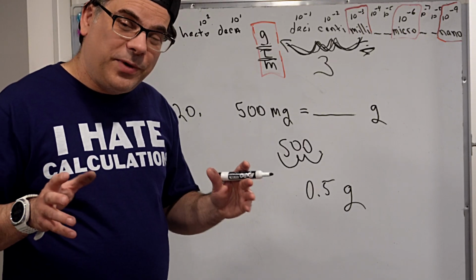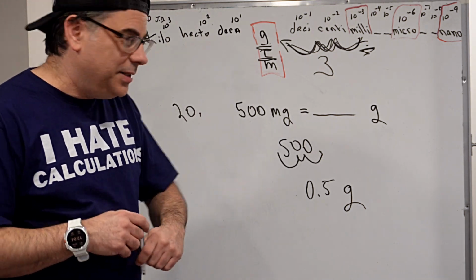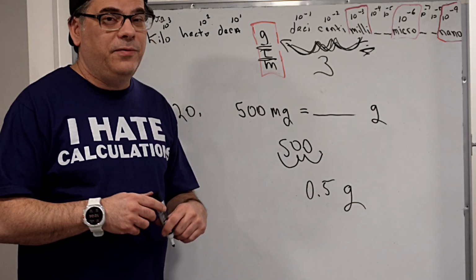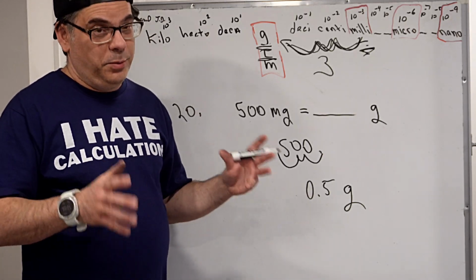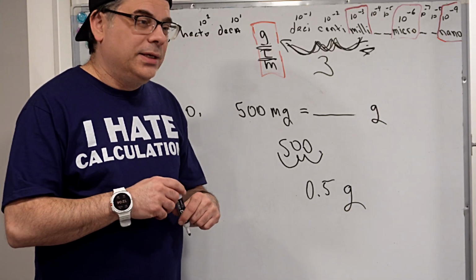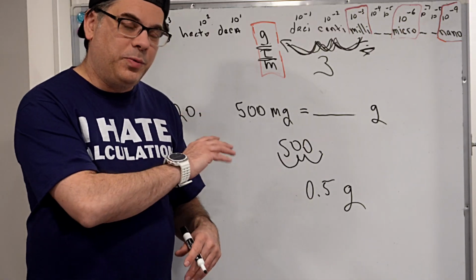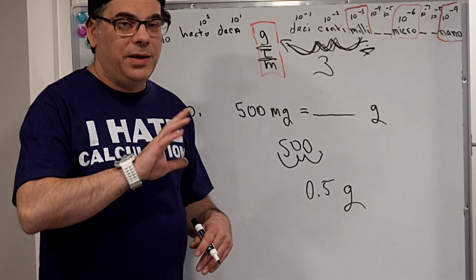Again, this is just for educational purposes. I'm not giving any medical advice in this video. I just want to stress the importance of, in real life, most of the stuff I'm going to teach you is very important. Some of these crazy professor questions you'll never see, but this is important. You have to know how many milligrams per gram and vice versa.